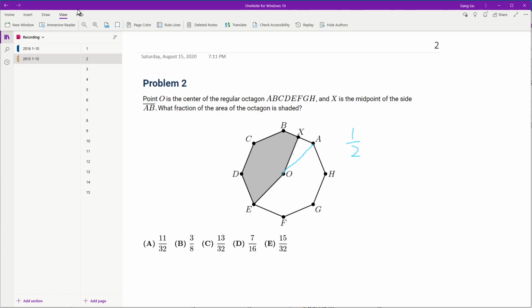And this white area is 1/2 of the 1/8, because each sector is 1/8 for the regular octagon. So the area is 7/16.